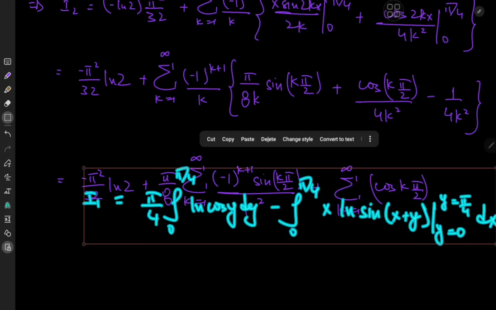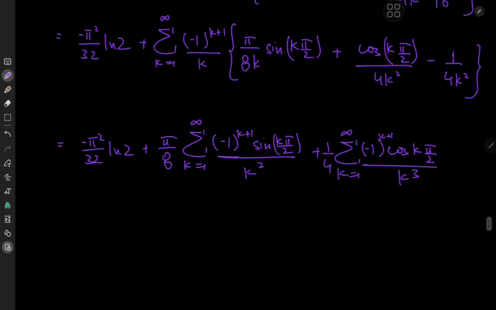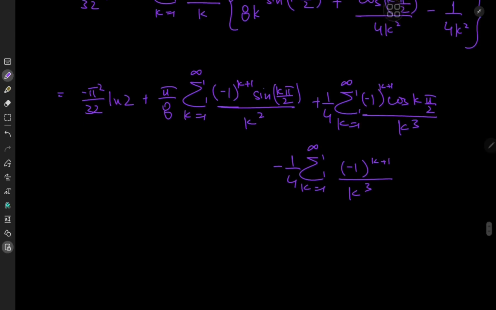Oh, dear me. Oh, wait, that was not what I was supposed to do. I was just supposed to move this to the side. And I have negative 1 to the k plus 1 divided by, now it's going to be a factor of 1 by 4 outside, and we have k cubed here, minus the sum over k of negative 1 to the k plus 1 divided by k cubed, again with a factor of a quarter outside.